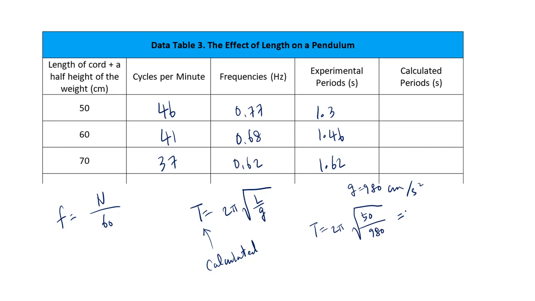Then calculate: 1.4, maybe 1.4. Now my experiment always has some error here, around 2 seconds. Then what about 2 pi times the square root of 60 centimeter divided by 980?